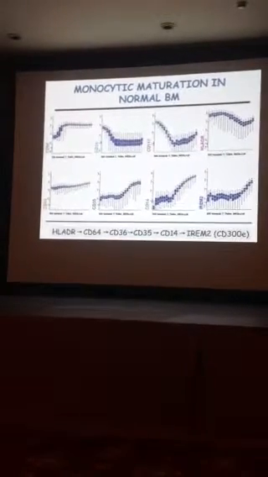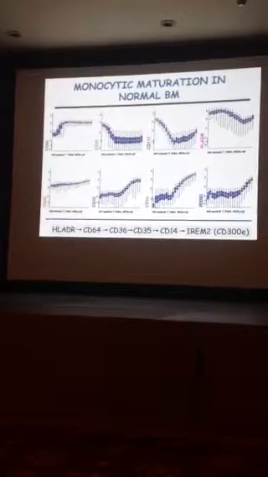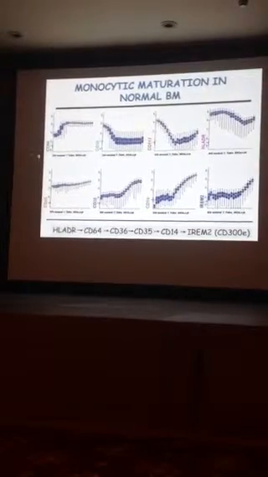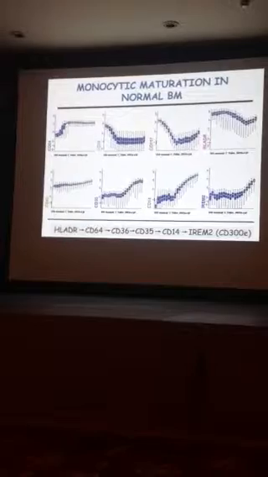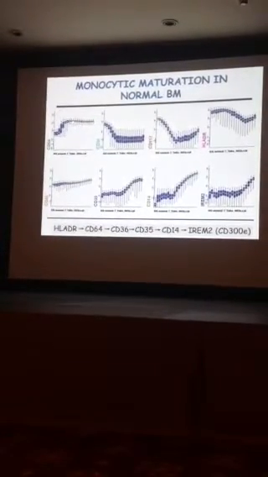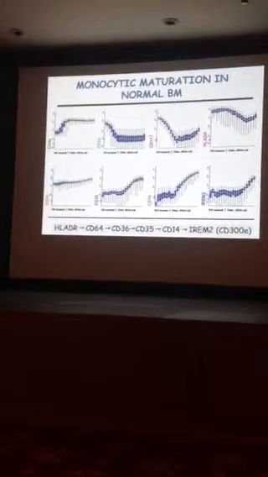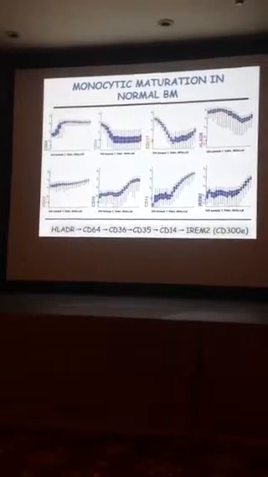So if you establish with these markers the maturation pathway in the bone marrow, you will realize that 64 is in fact the first marker to appear, and it's rather stable in the bone marrow through all the maturation stages until the mature monocyte.